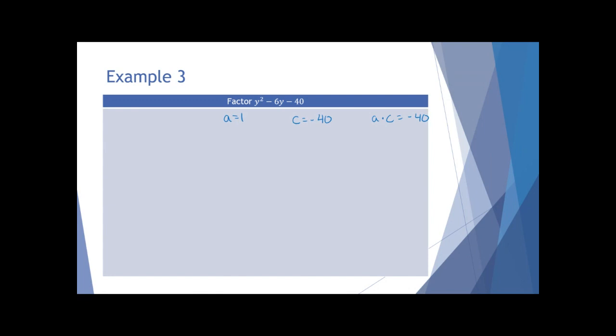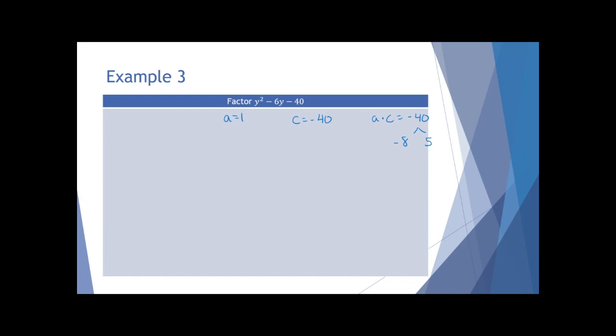This is the same process that you did before. You look for numbers that multiply to 40, and you need to get them to negative 6 here. Because they're multiplying to a negative, one of the numbers is positive and one is negative. So you can start making guesses: 8 times 5. But if the middle number is negative, then the 8 has to be negative.